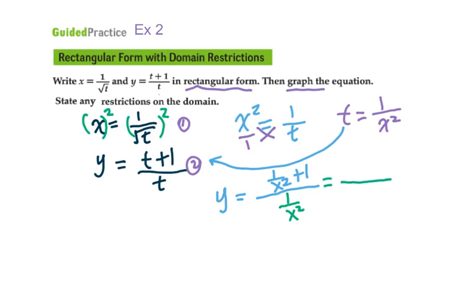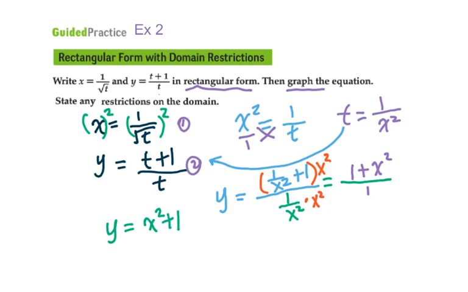So we multiply by x squared top and bottom. We got 1 plus x squared over 1, which means y equals x squared plus 1.